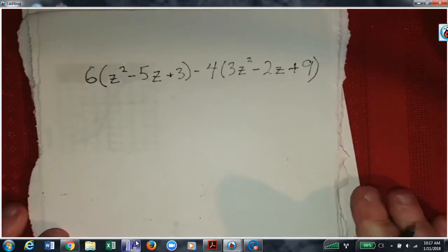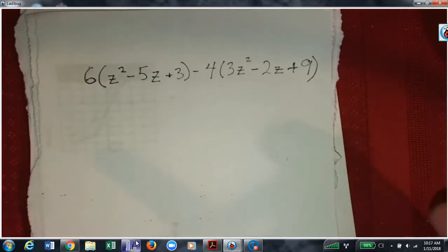Okay, so let's add or subtract and simplify. This would be a typical multiple choice question on the final exam, and you've got to get it into the form of the selections where you can recognize it.